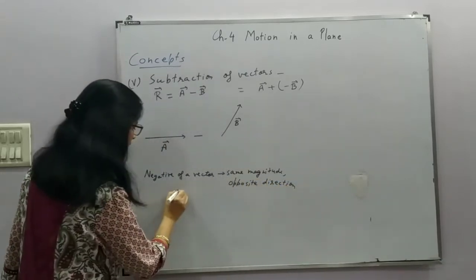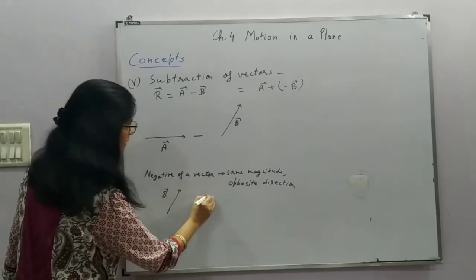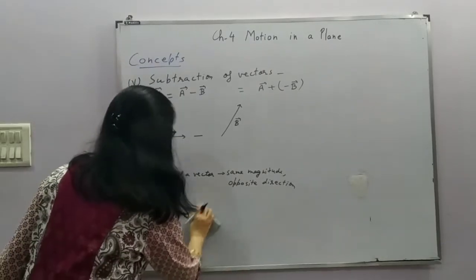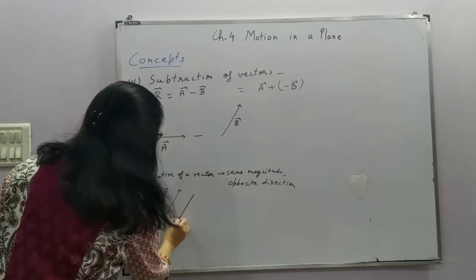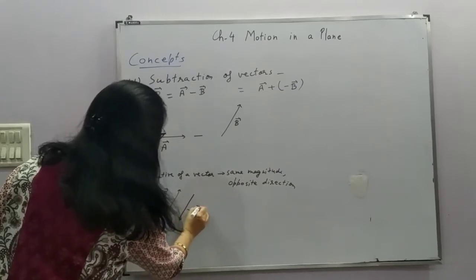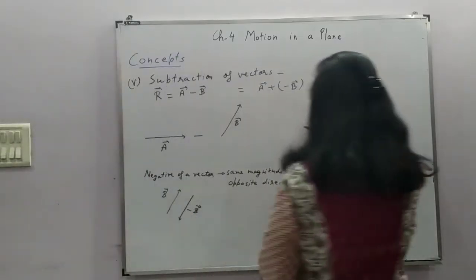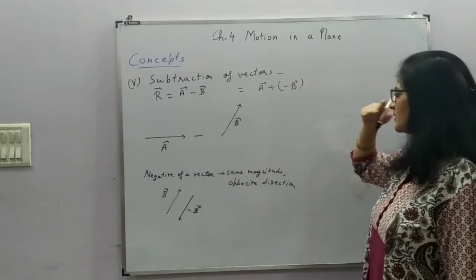So that means if I have this B vector, then this will be minus B vector. Direction is opposite but the magnitude will be the same. So I can write this subtraction like this, A plus minus B vector.